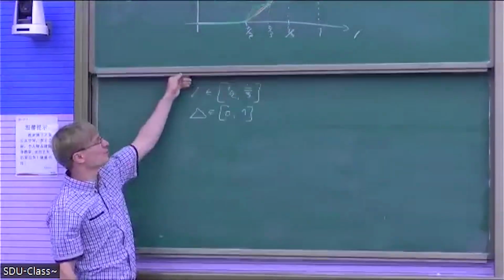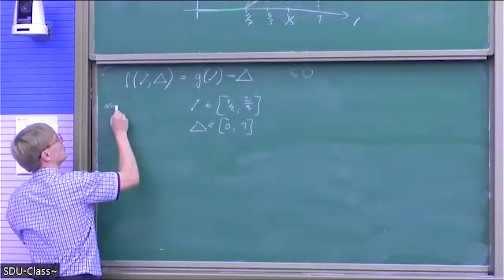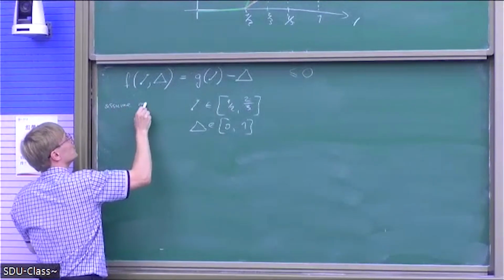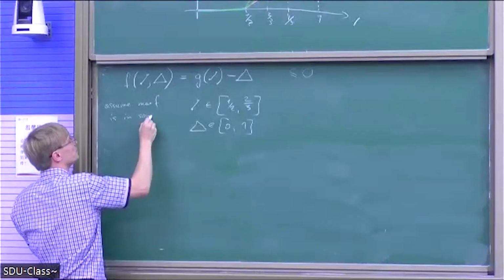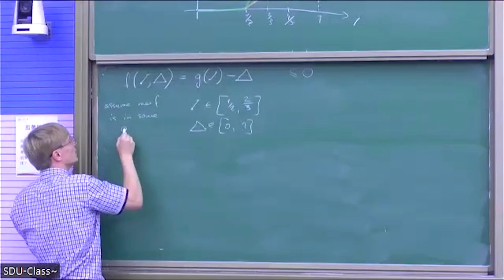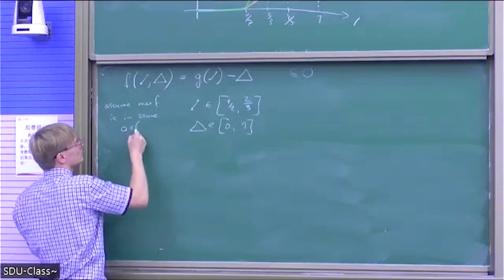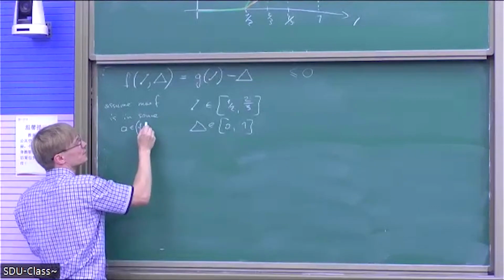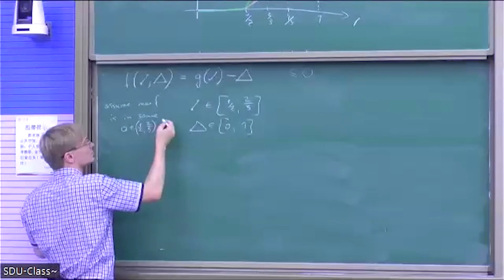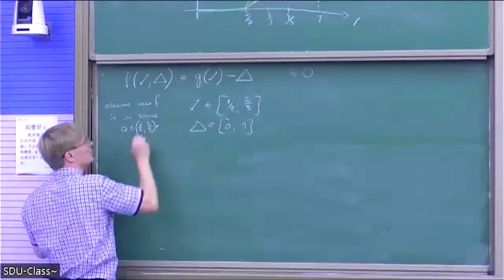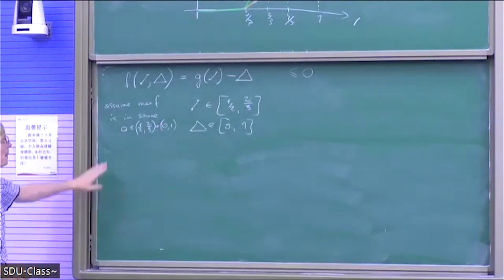So assume that the maximum of f is in some point A, and it's inside the interval. So the edge density is in the open interval, while triangle density is somewhere between 0 and 1, of course.